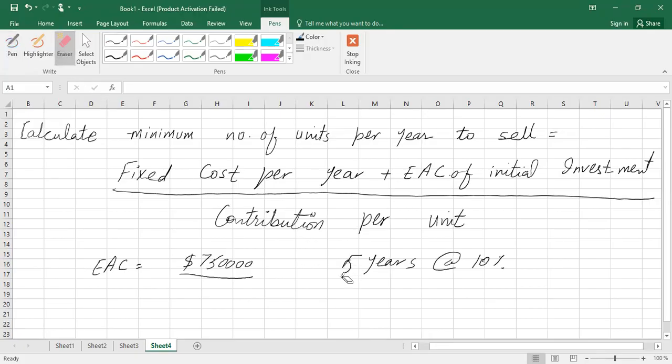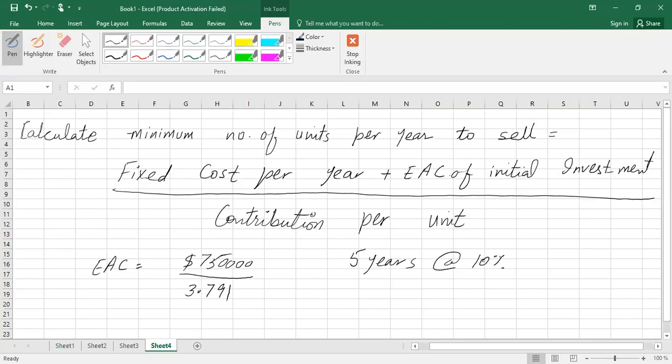To calculate the equivalent annual cost, we always divide the relevant cash flow by the annuity factor at the given cost of capital for the given years.